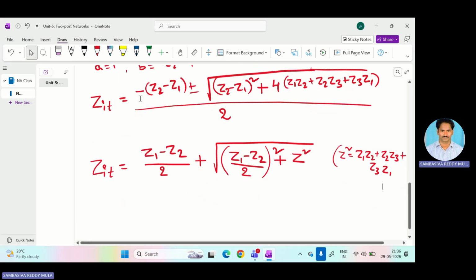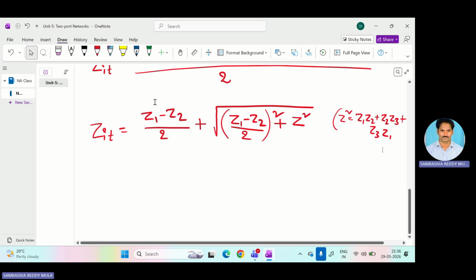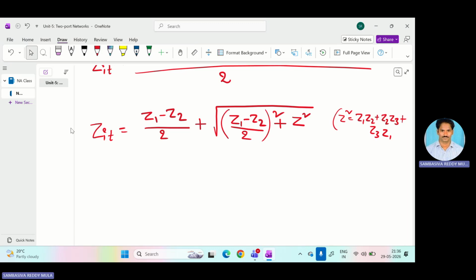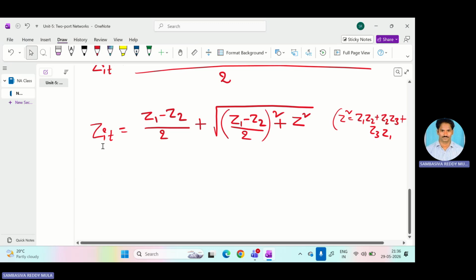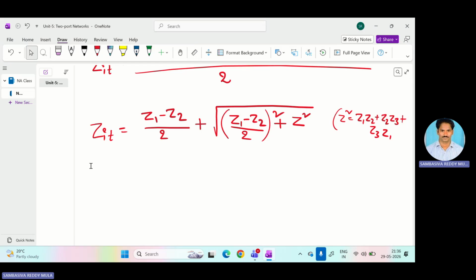Now finally, this is the expression for iterative impedance.